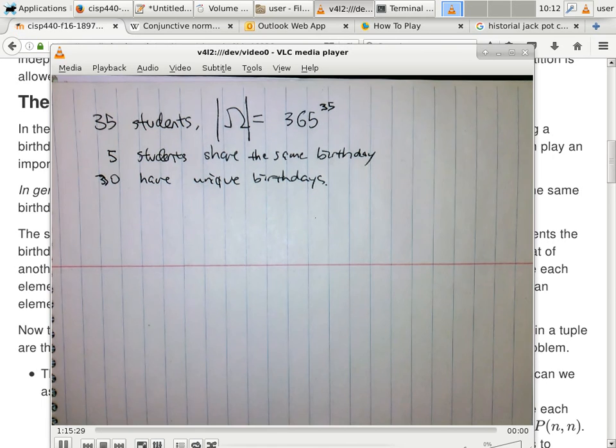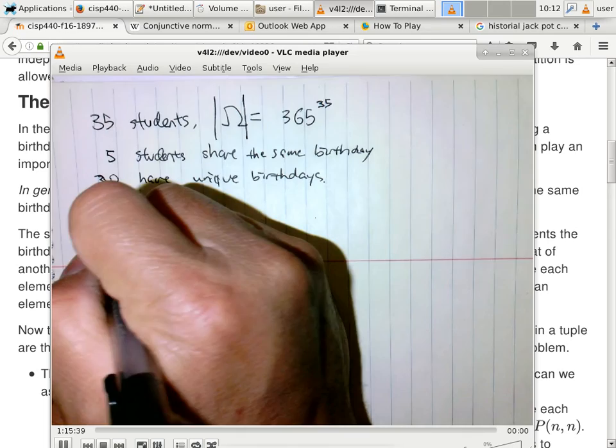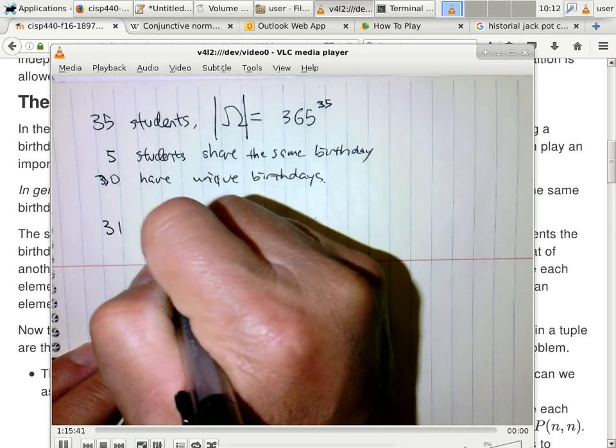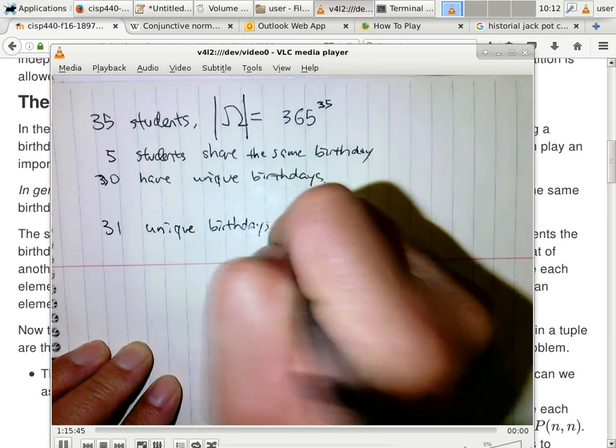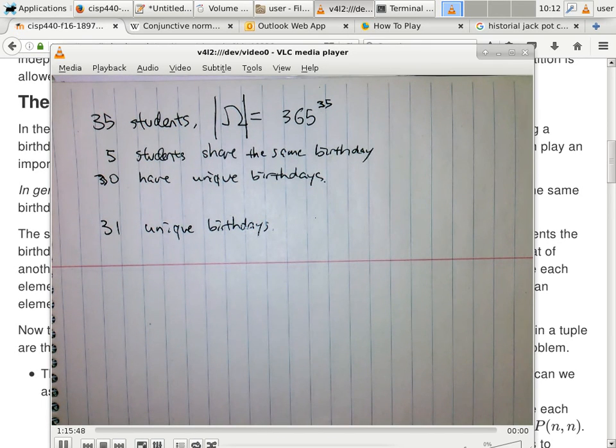Because we have 30 unique birthdays for the 30 people, but then those 5 people share the same birthday, and that has to be distinct from the other 30 birthdays. So we have 31 unique birthdays to deal with. We don't know exactly which 31 out of 365 days, but we have 31. Is that okay? But haven't we encountered something that can compute choosing 31 things out of 365?